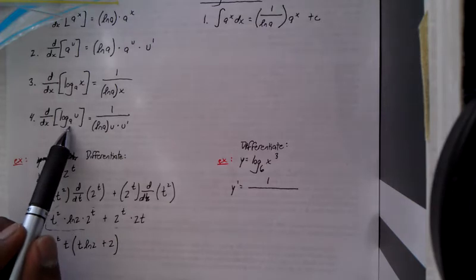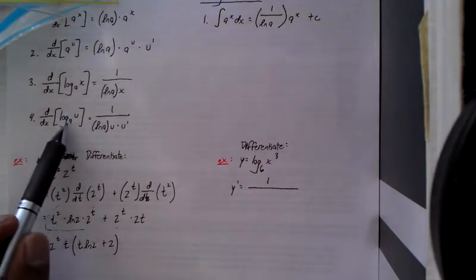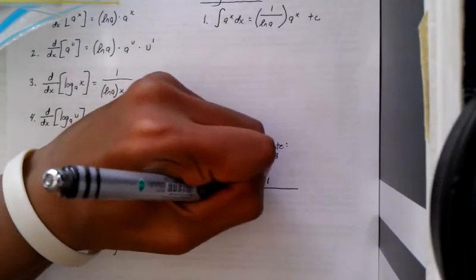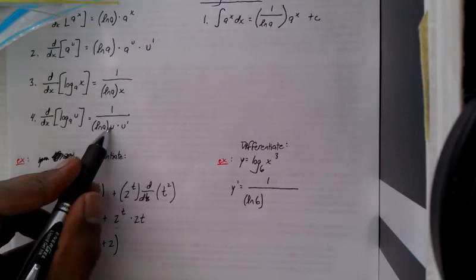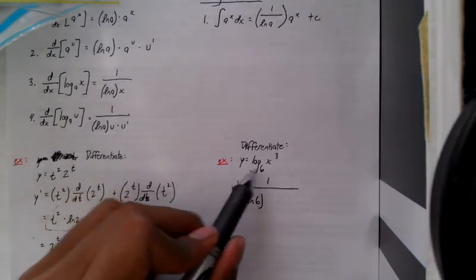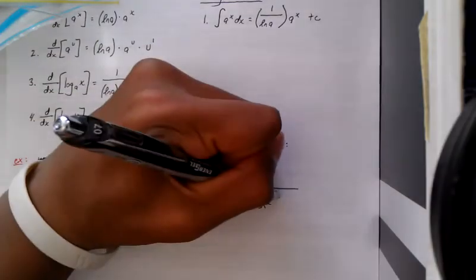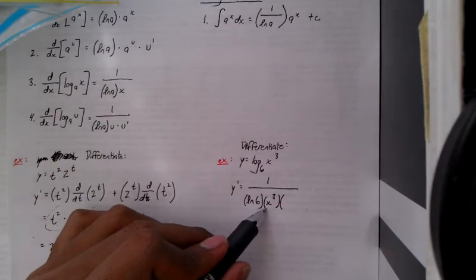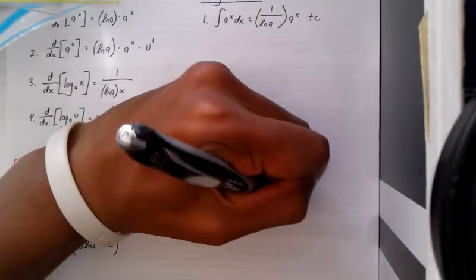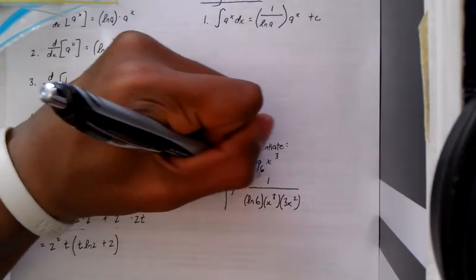A in this case is that log base a, so it's going to be the natural log of 6, times u. U in this case is x to the third, and then times u prime. The derivative of u is just 3x squared. And there would be our answer.